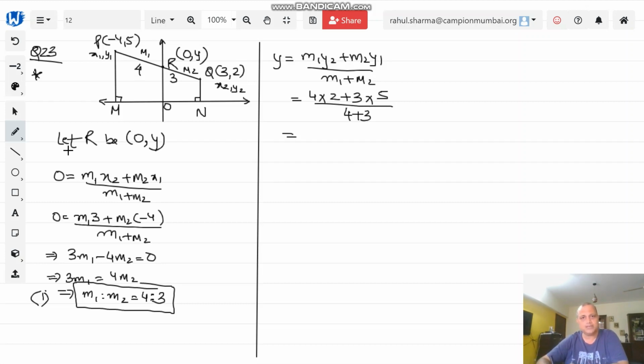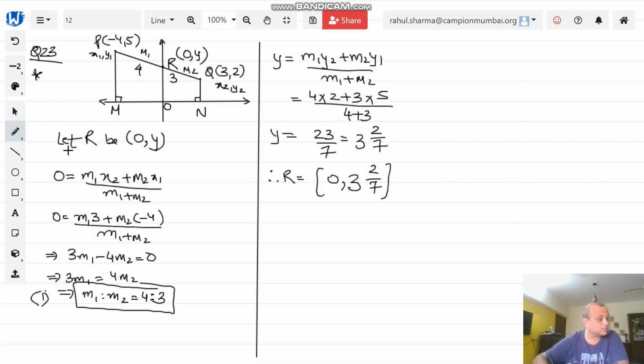That's 8 plus 15, that's 23 upon 7, which is 3 2 upon 7. This is equal to y. Therefore, R is equal to 0, 3 2 upon 7. So that's the coordinates of R.